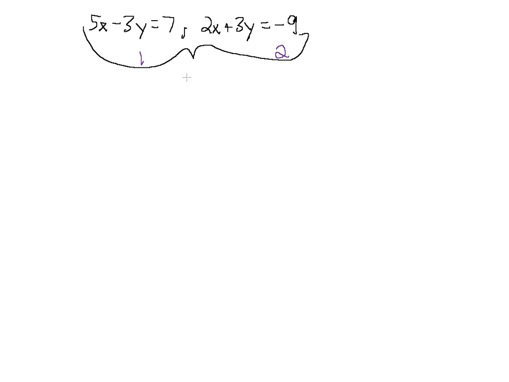Now, we're going to use the form you learned in elementary school for addition, keeping the x and y values lined up in their own columns. We're going to have 5x minus 3y. It doesn't matter which one's first and which one's second, but we're going to add these two equations together.